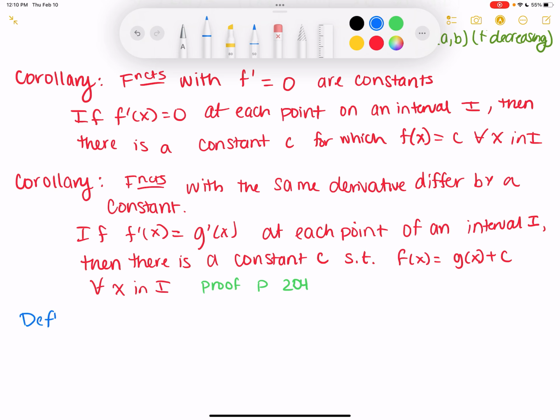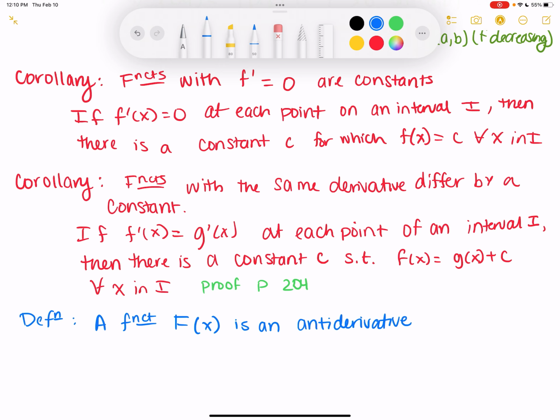And then the last note, I believe, is a definition. A function, and it's capital F of x for this, is an antiderivative.